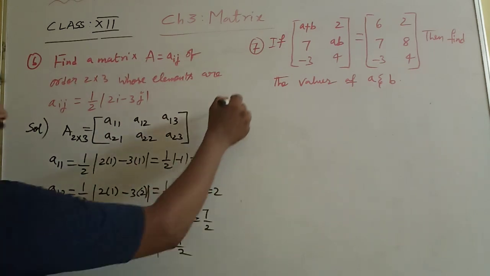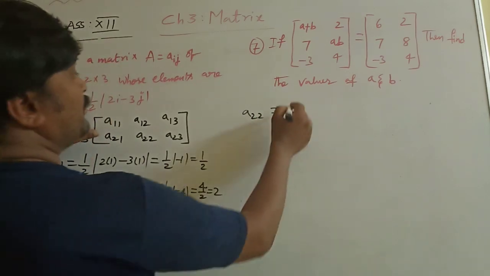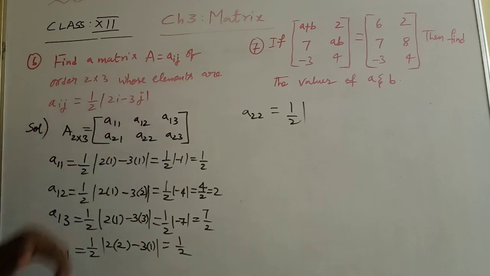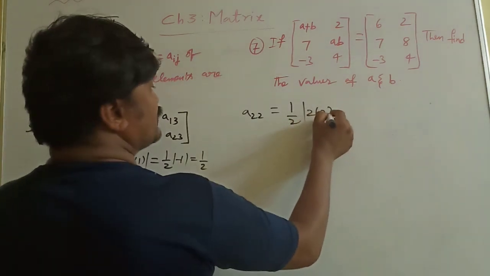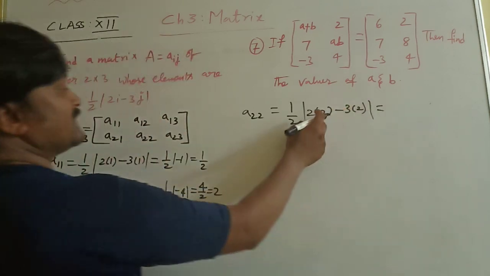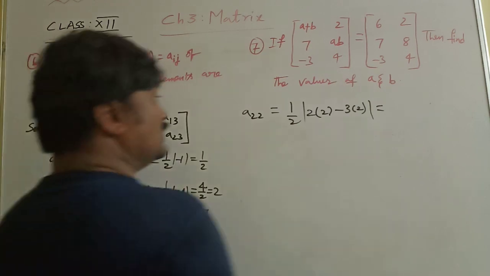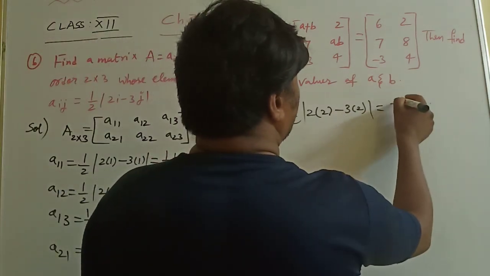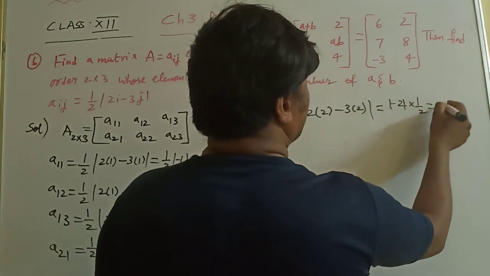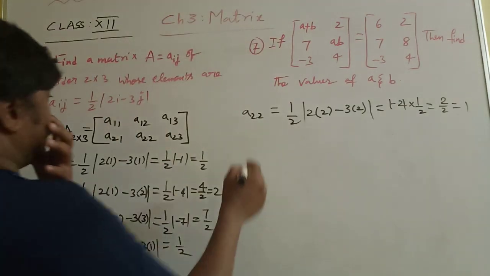So a22 is equal to half modulus of 2 into 2 minus 3 into 2. That is 3 2s are 6, 2 2s are 4. 4 minus 6 is minus 2. So you get modulus of minus 2 into half, that is 2 by 2, which is 1.